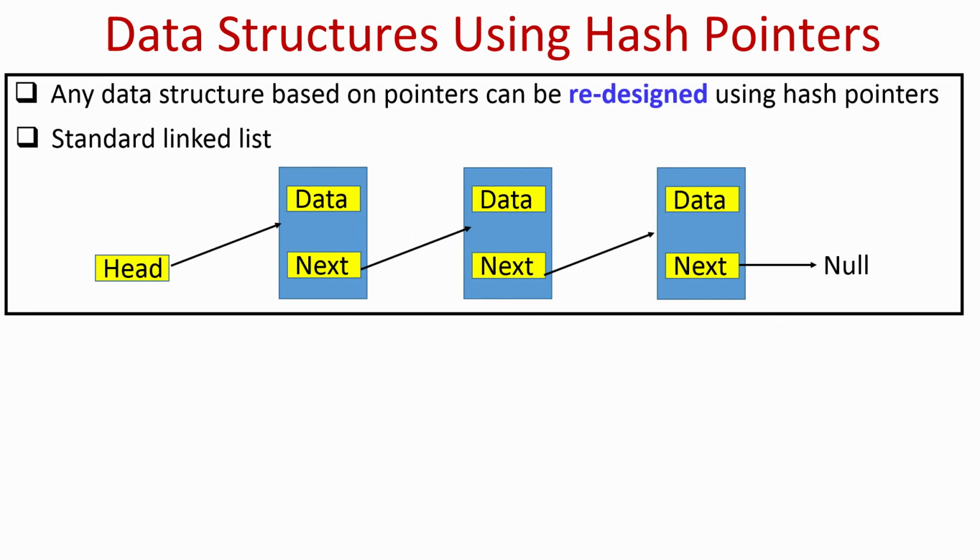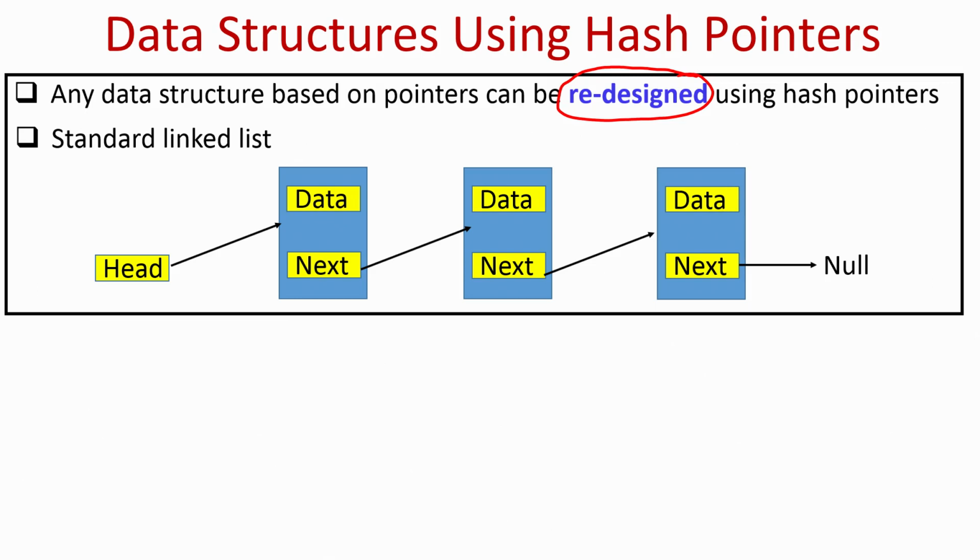Now, it turns out that any data structure which we can design using the standard pointers in a programming language can be redesigned by replacing the standard pointers with hash pointers. So, for instance, this is your standard linked list where you have a collection of nodes, and each node has some data, which we call a data block, and a pointer to the next block.